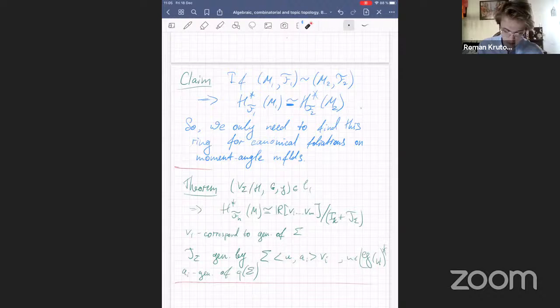Namely, if we have an element of this category C1, then its basic cohomology is isomorphic to the polynomial ring on M generators, which are all of degree 2, quotient by two very well-known ideals.